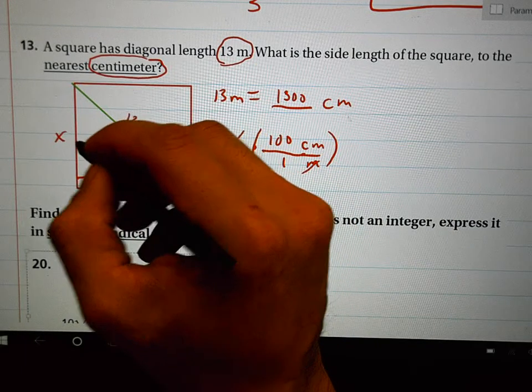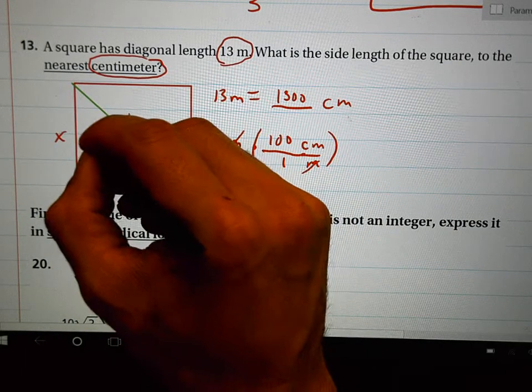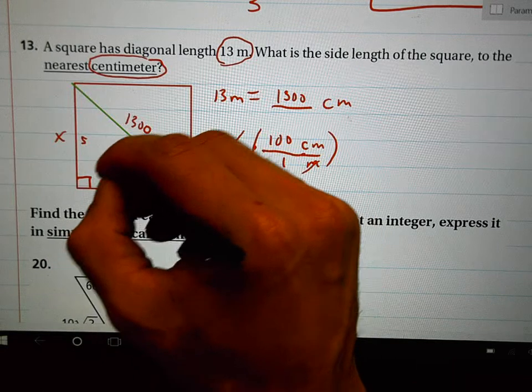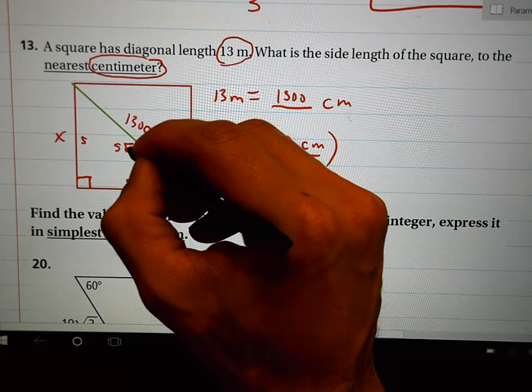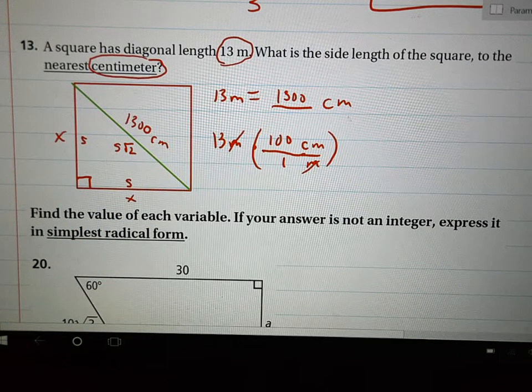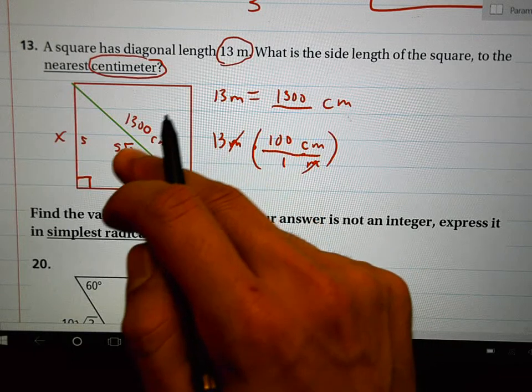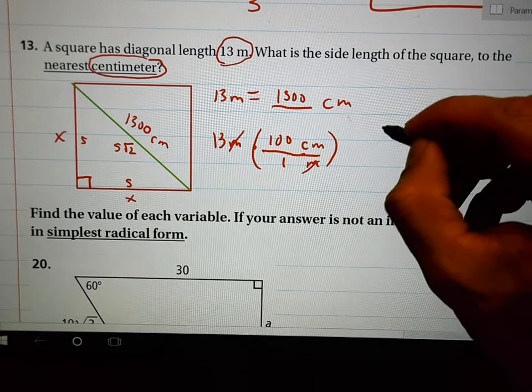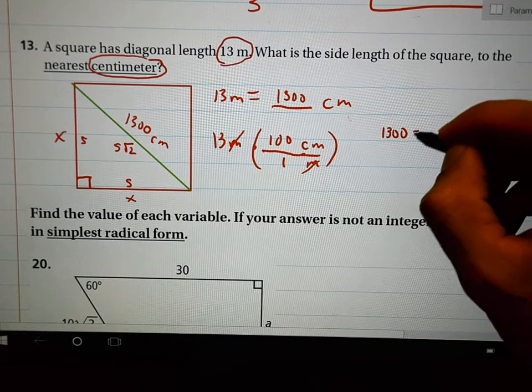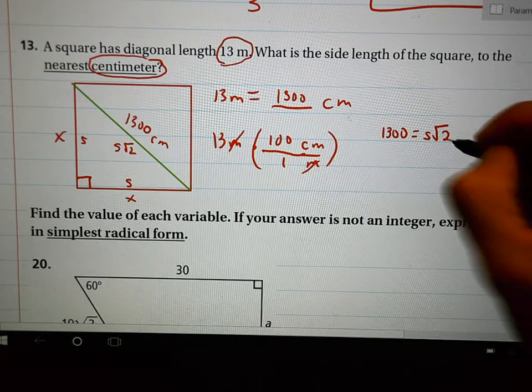This is S. This is S. Across from the 90 is S root 2. So what does that mean? That means the 1300 is on the S root 2 side. 1300 is equal to S root 2.